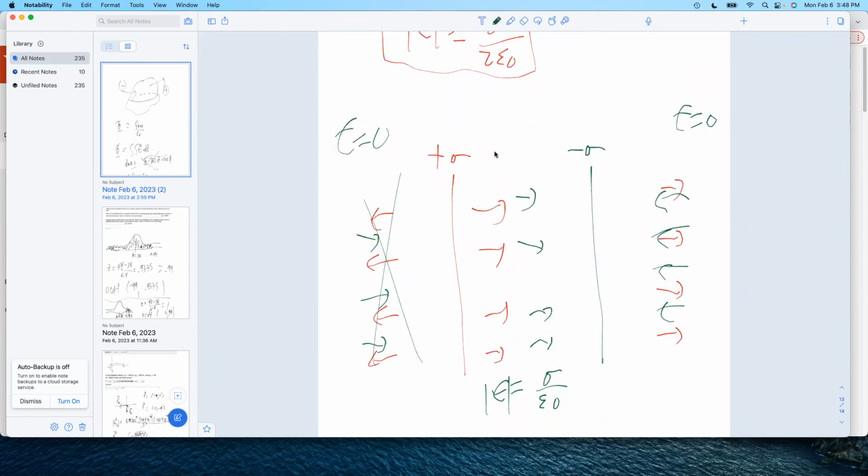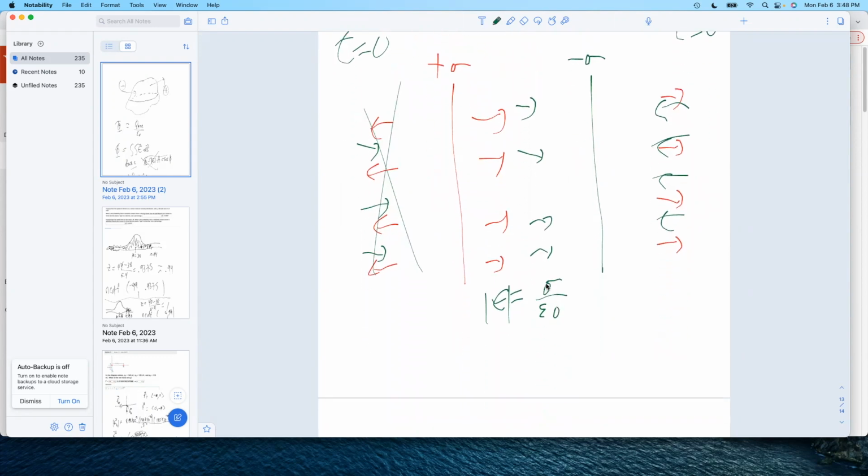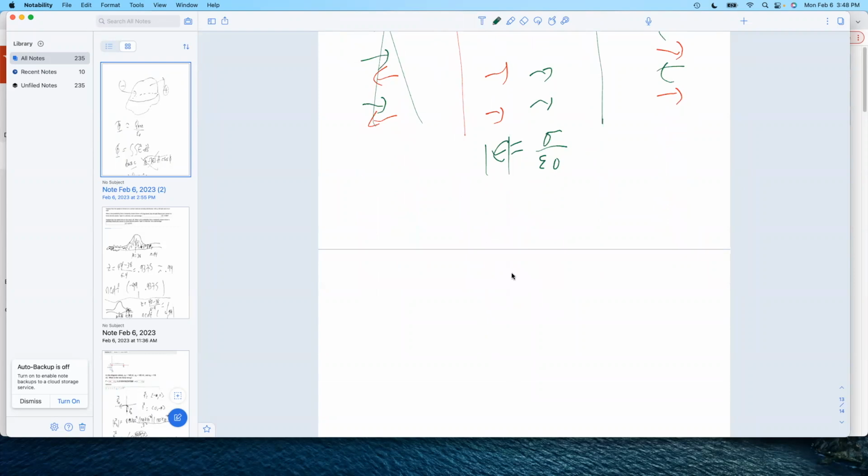This is what we call a parallel plate capacitor, where the sigma here is the charge density on the positive plate. Now, in the real world, we can't have infinite planes of charge, but what we can have are square plates that are really close together.